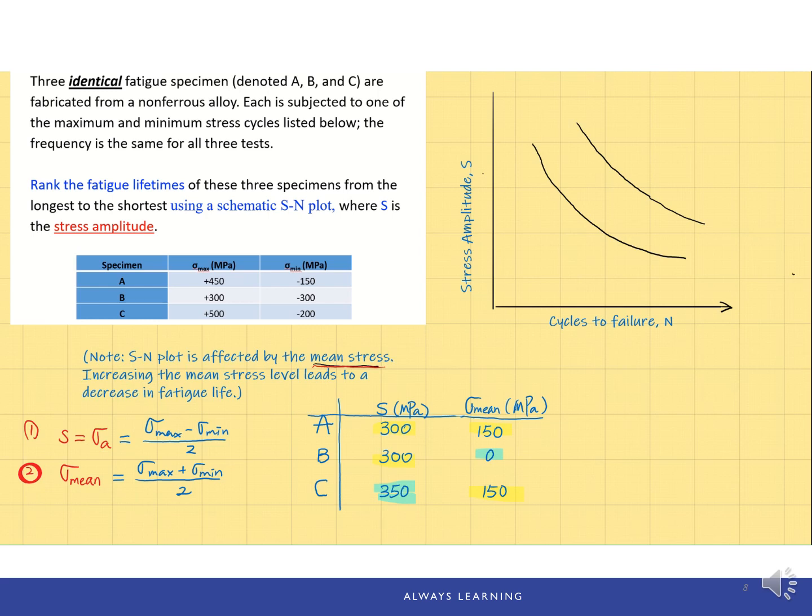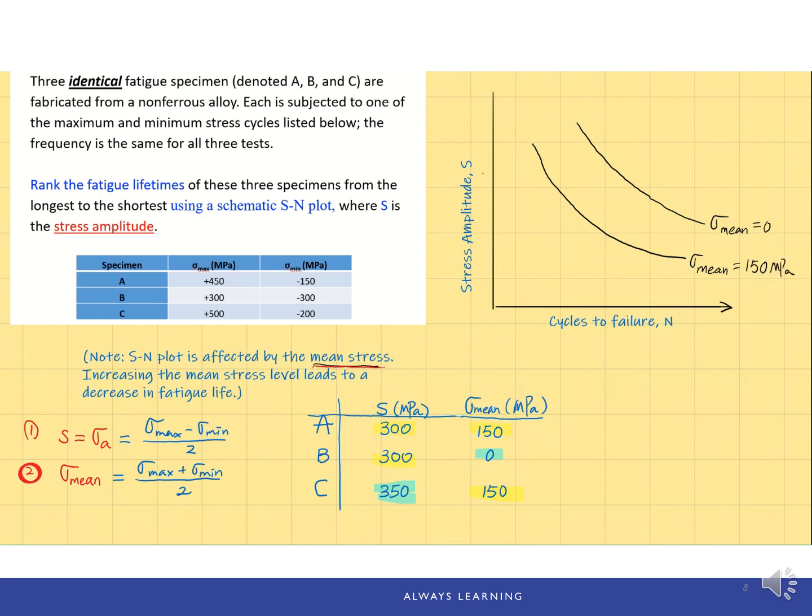Based on the effect of the mean stress, the one on the top means the mean stress value is smaller, in this case 0. The one on the bottom corresponds to a larger mean stress value, which is 150 megapascal.